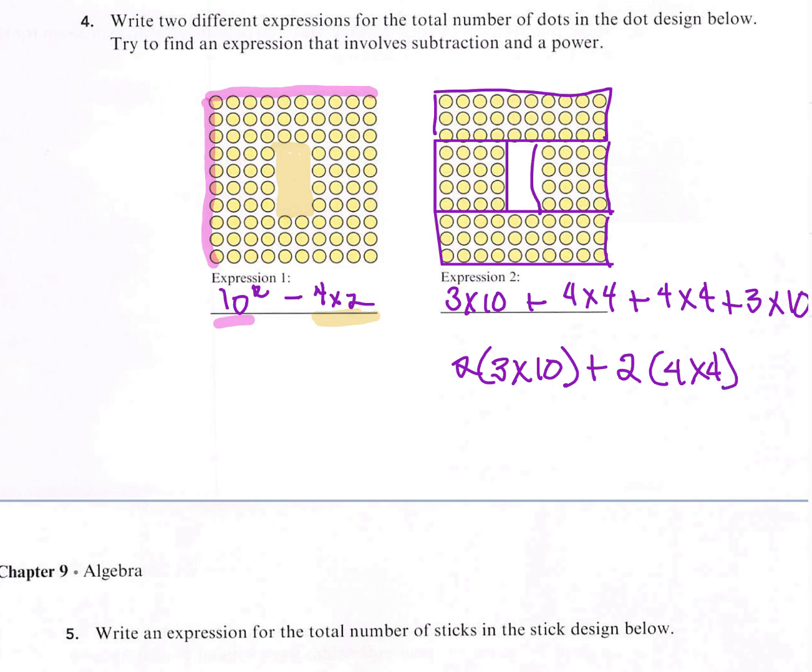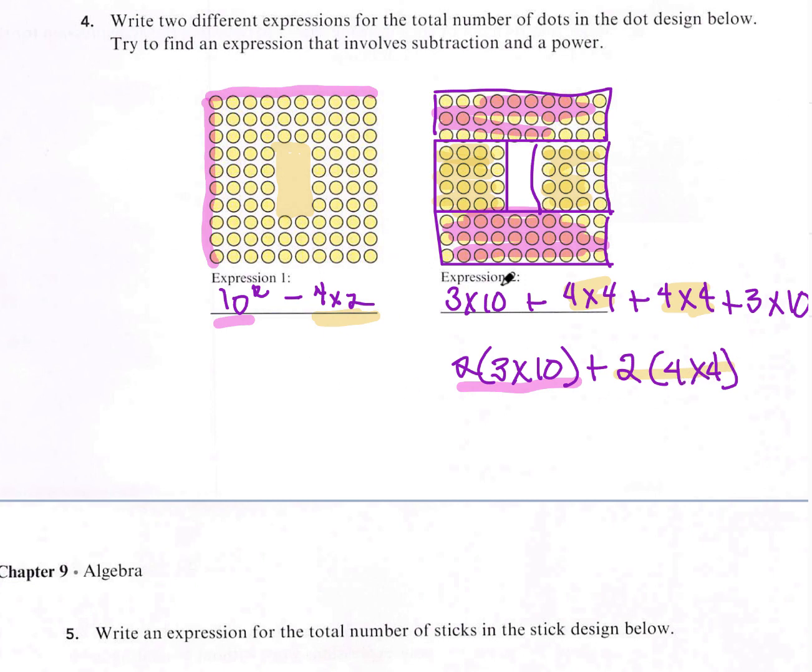To explain your connection between your numerical expression and your picture, one of the things you could do is shade. So here's our 4 groups of 4, and then here is our 3 groups of 10. And you can see there's 2 times 3 groups of 10 and 2 times 4 groups of 4.